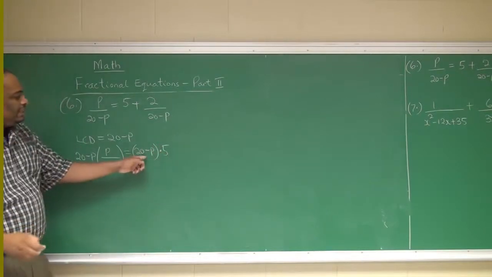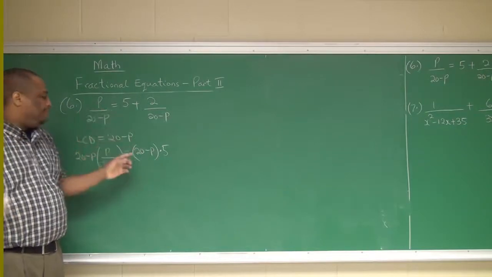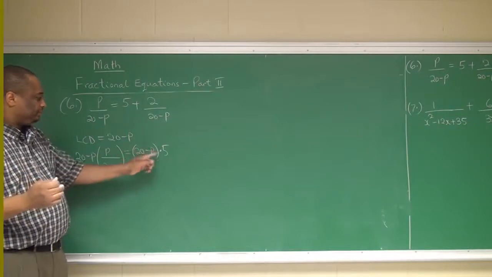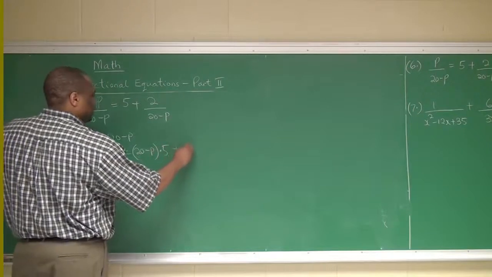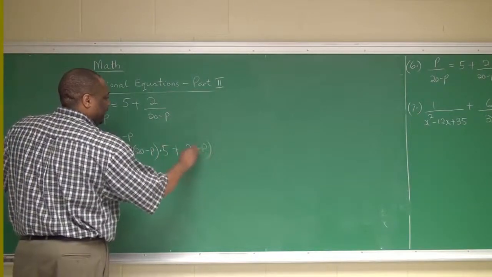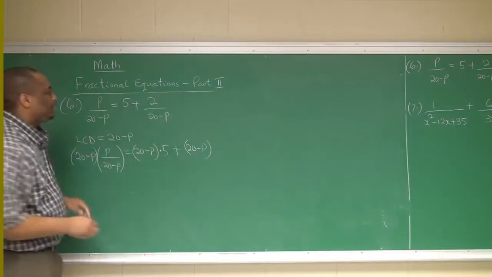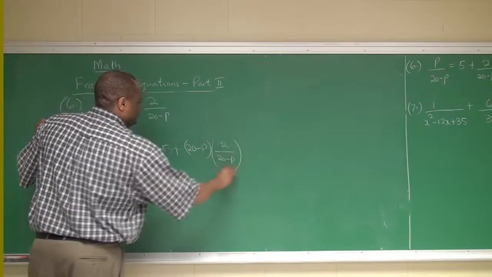It is good you put this in parentheses because it's now a combination of terms, joined by a sign. Then plus 20 minus P, and if you like, you can put this as well in parentheses. It doesn't matter, it's good to do that. Times 2 over 20 minus P.